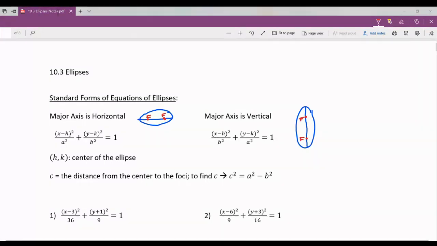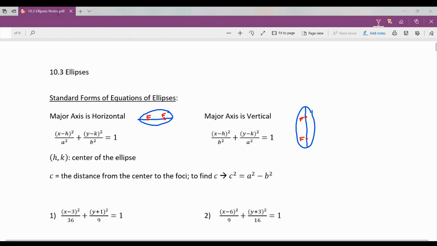Using the foci, the equation for finding C, the distance from the center to the foci, is C squared equals A squared minus B squared. Careful, it's not A squared plus B squared. That is our Pythagorean theorem. This is A squared minus B squared.